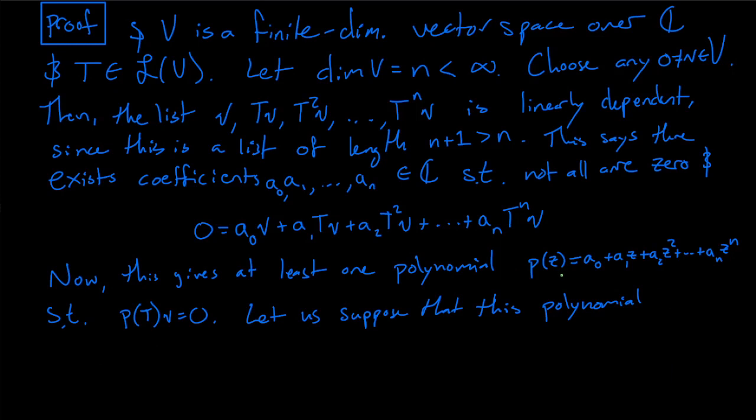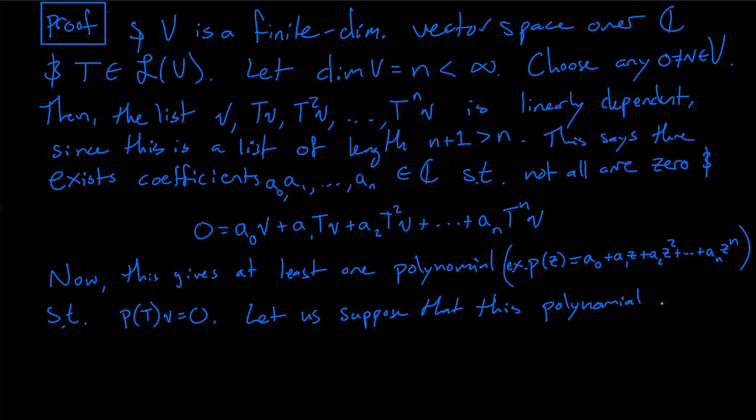Let's call it something else. Maybe what we should do, just to make things a little bit easier. So here's what I'm going to do. Okay, so this gives at least one polynomial. This one would certainly work, such that p t of v is 0.